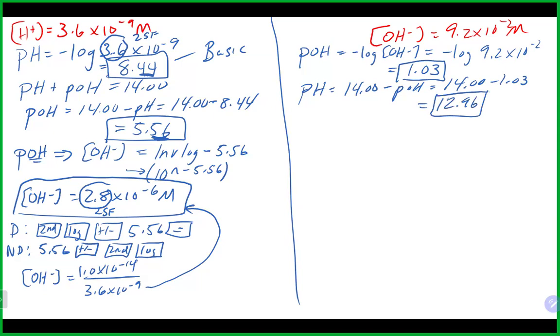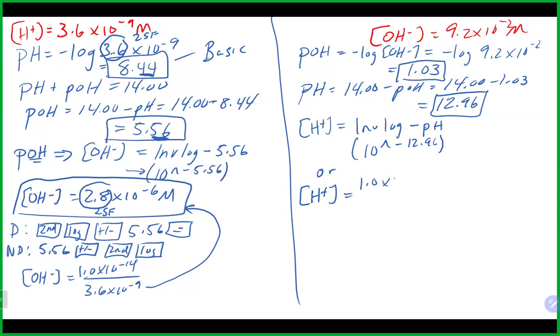And lastly, now that I have the pH, I could do the inverse log, so the H plus concentration would equal the inverse log of the negative pH. On your calculator, it'll look something like this when you pump it in. Or you could return to our Kw and divide it by the original concentration that was given to us. Either one should give you basically the same answer.